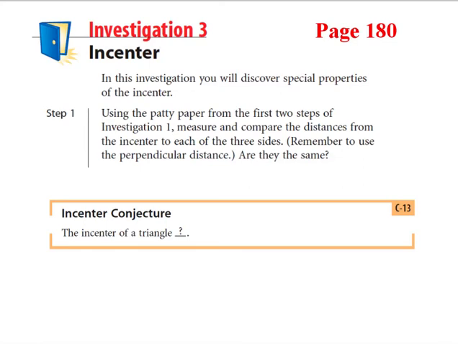So what'd you find? They're all the same again. So it's equidistant from the sides.